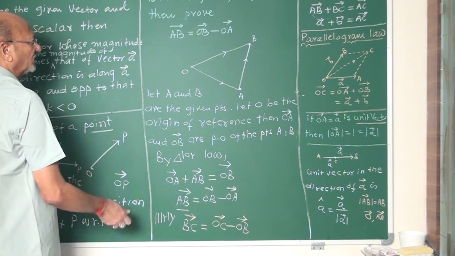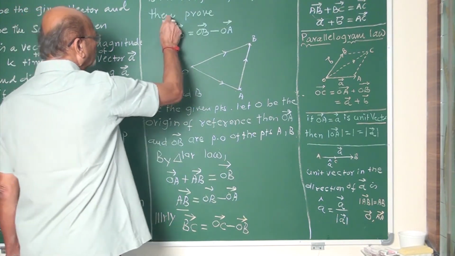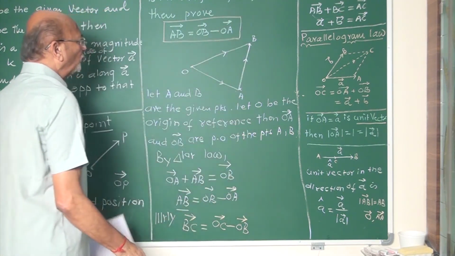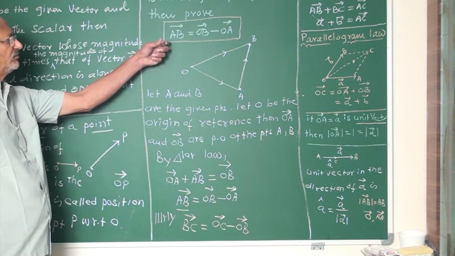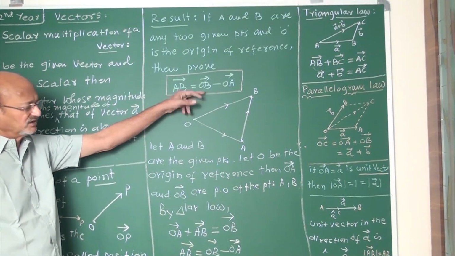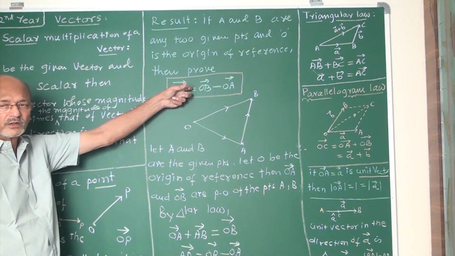This is another very useful result. Any vector AB can be written as OB minus OA, in terms of position vectors.